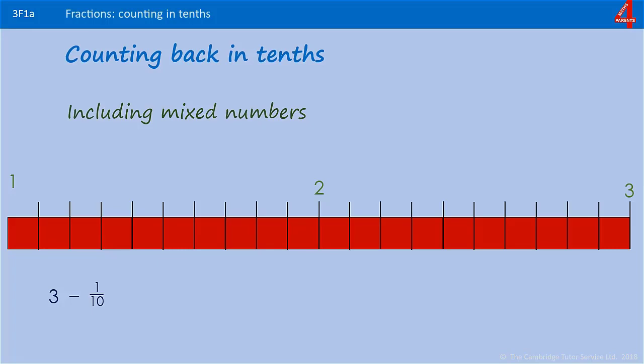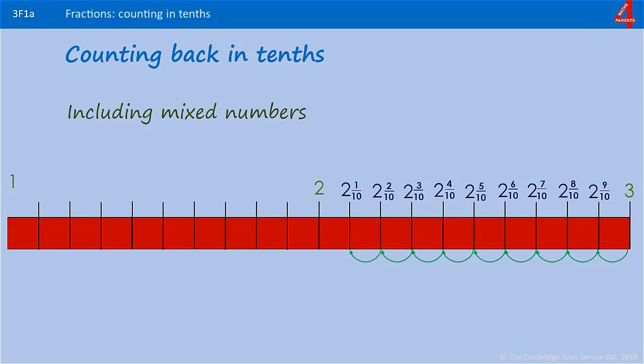Because it's 1/10 away from 3, it's going to be 2 and 9/10. And then as we count back, it's going to be 2 and 8/10, and 2 and 7/10. It will be 2 and however many tenths until we get back to just the 2.